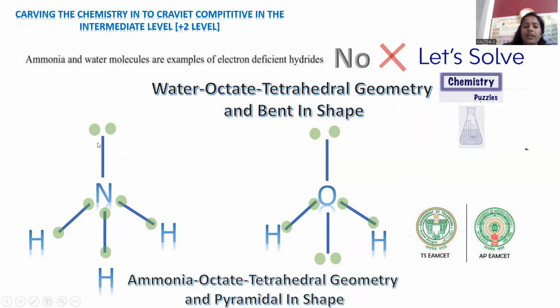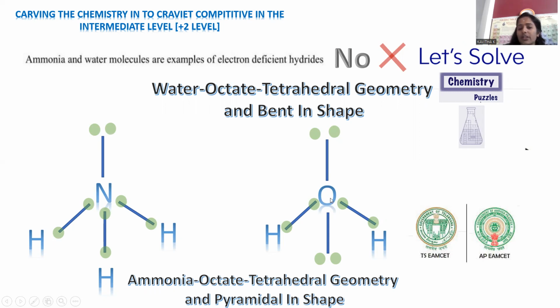Another electron pair resides in another tetrahedral corner, so we can say tetrahedral geometry. And if you locate the atoms upon the nitrogen, that is pyramidal in shape. If you count the number of electrons, 1, 2, 3, 4, 5, 6, 7, 8 electrons reside in the vicinity of nitrogen, so we can say it is an octet, completely fulfilled and stable in nature.